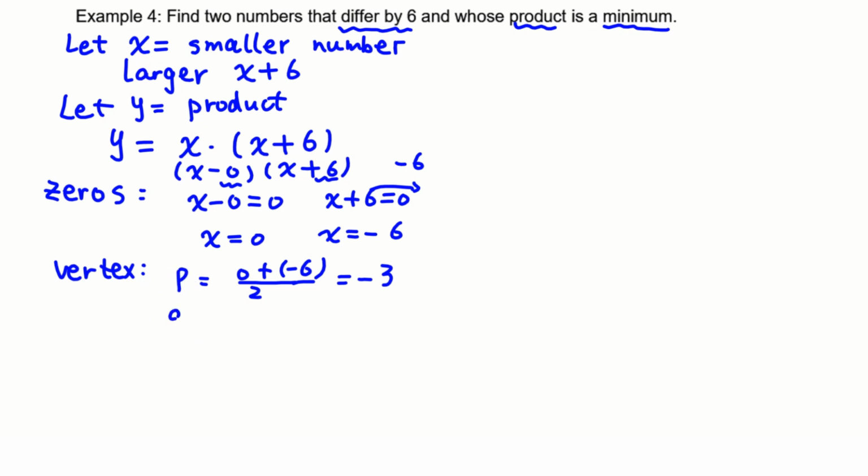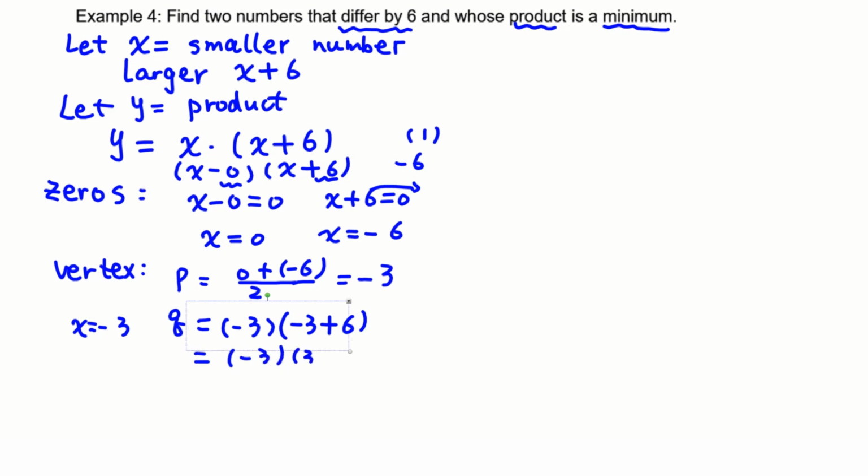Then for the q value, we sub the x value into equation 1. So replace x with negative 3. So negative 3 times negative 3 plus 6. Then you have negative 3 times positive 3, which gives you negative 9.